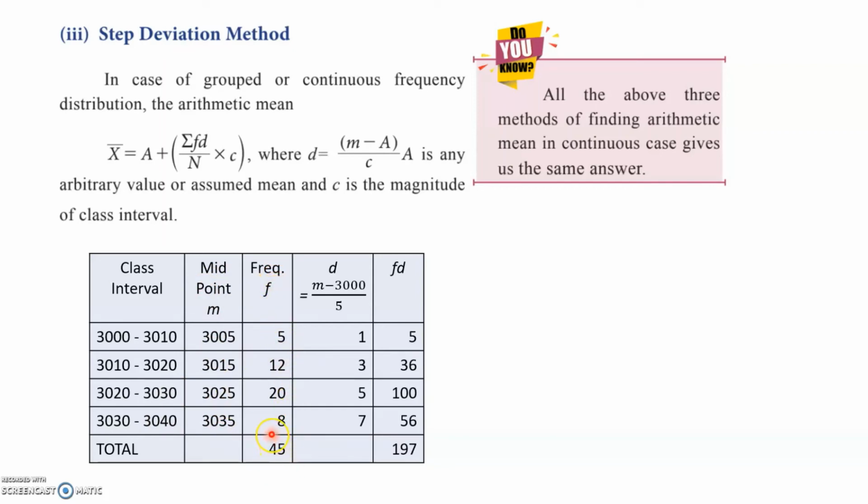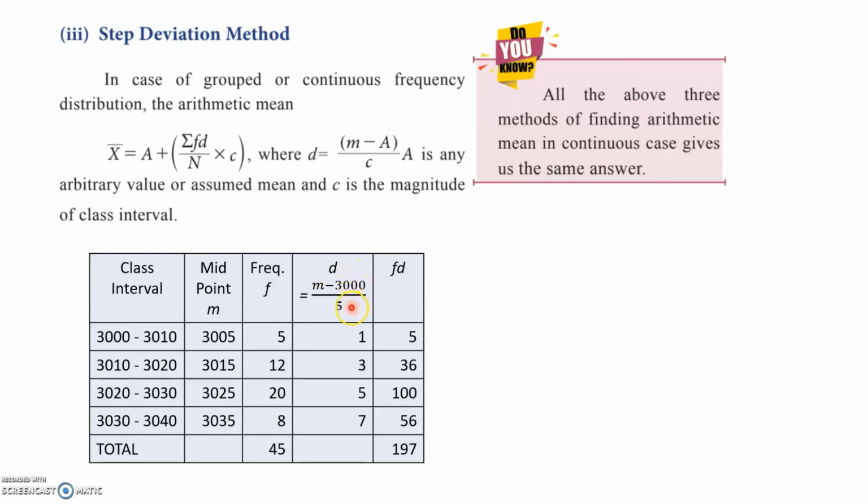And now what we have done is, after you have marked your frequency and taken the midpoint, I have divided our d, which is m minus 3000, by 5. So I took the midpoint, which is 3005, subtracted 3000, so that made it 5. 3005 minus 3000 would give you 5.